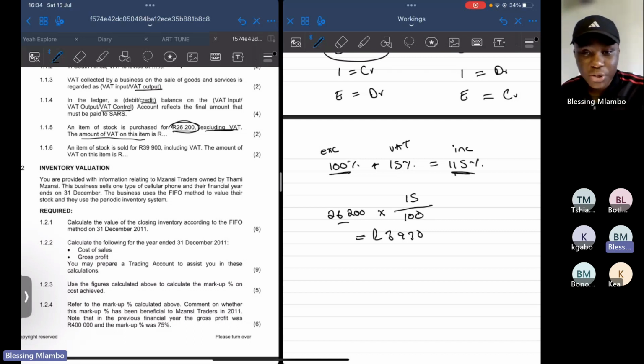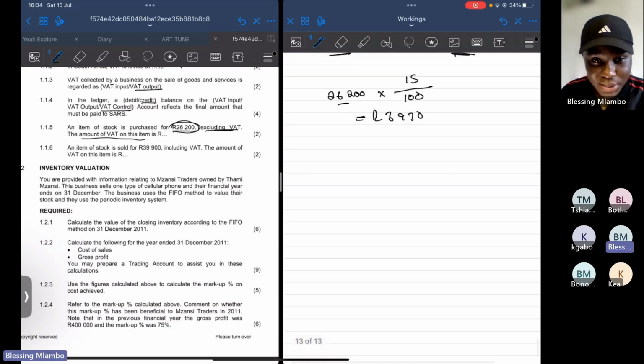What do we call this VAT? Do we call it VAT input or VAT output? An item of stock was purchased for 26,200, meaning that the business is buying from a supplier. Do we call it VAT input or VAT output? I'll be waiting for the answer on the chat. I'm writing 1.1.6. VAT input or VAT output?